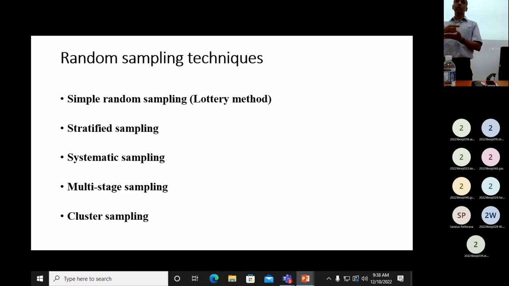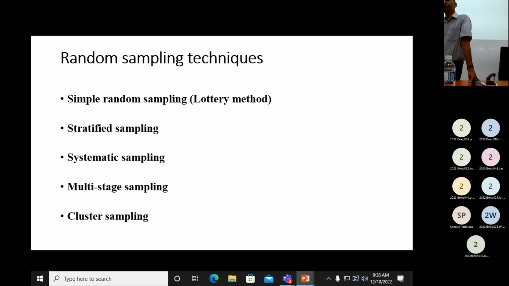When we produce 10 items in the production line, every 10 items, one item you select, the same item position.